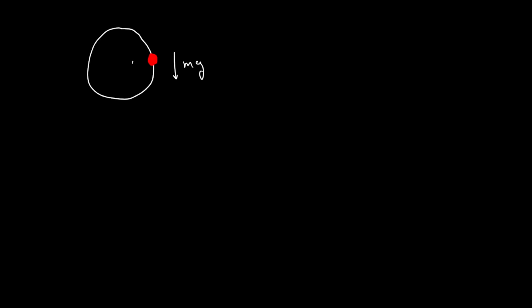I'll say the bead has a mass m, and it's constrained to move on this loop. So how many degrees of freedom do we have? We only have one, right? It may initially look like this bead can move in 2 dimensions, but it's constrained to moving along this loop. I essentially have 2 degrees of freedom, but 1 constraint, which leaves me with only 1 real degree of freedom.